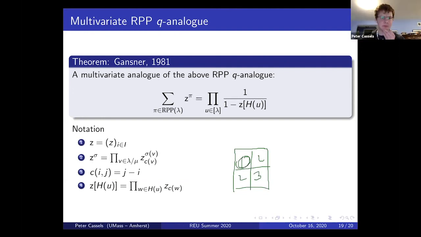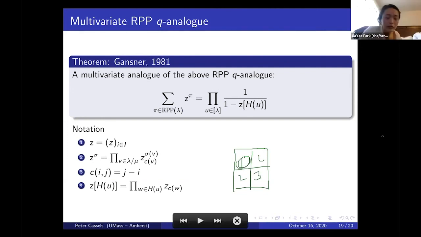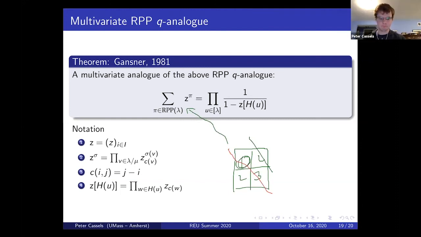Were you asking how we get from the multivariate to the...? No, I was adding on to Sunita's question about the power of z sub the content of v. In that example that Alejandro had, the contents were 0, 0, 1, and -1. I was confused if it was supposed to be z sub 0 to the power of 2 because there are 2 of them.